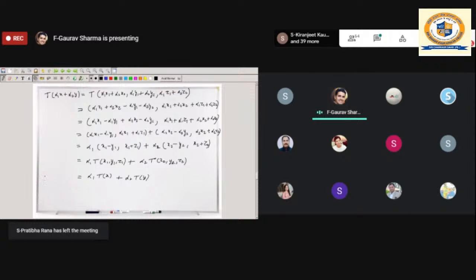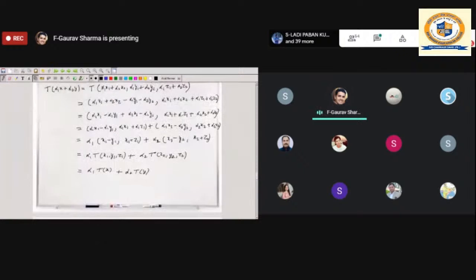So this transformation is linear because it satisfies the given condition. Therefore T is a linear transformation.